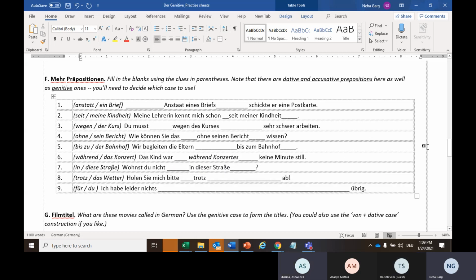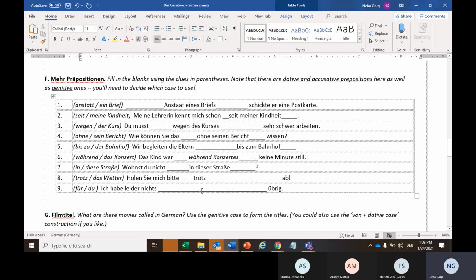Last one, Ashwini. Ich habe leider nichts für du. There's no noun, we have a pronoun here instead of the noun.